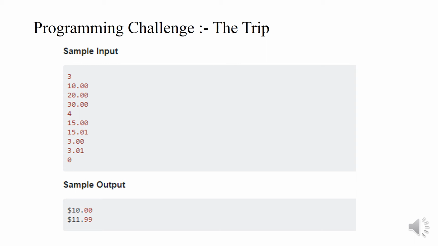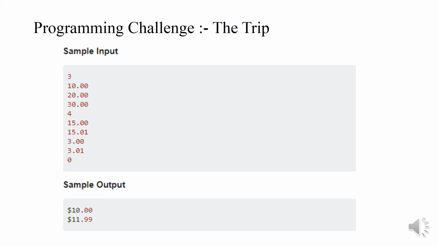In the program we calculate their sum and their average, and the sample output shows how much amount we have to exchange between the first student and the third student. We exchange $10.00. This is our first input and this is our first output.